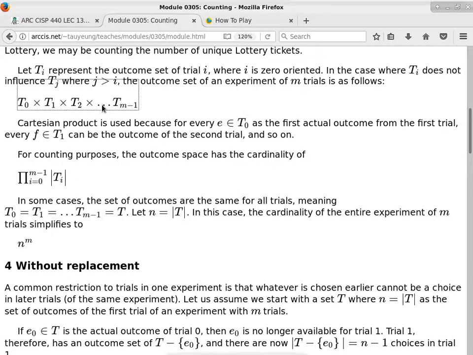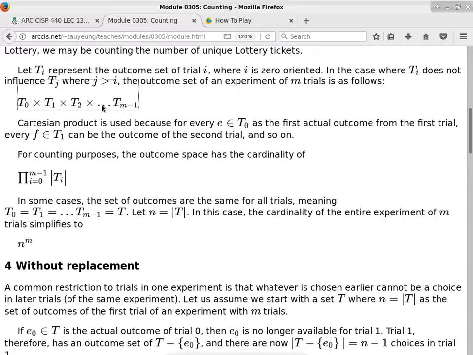But when you want to look at the actual outcome, it's not as simple anymore. You cannot just have a cross product and say, oh, now we have all the possible outcomes of that particular experiment, because it is affected by the previous one.